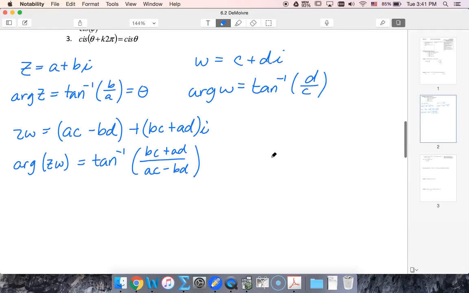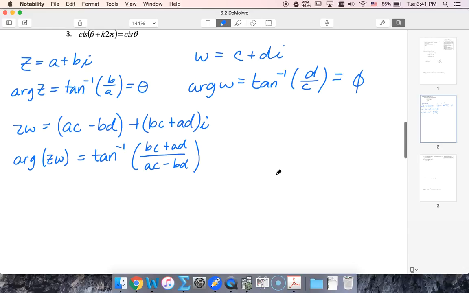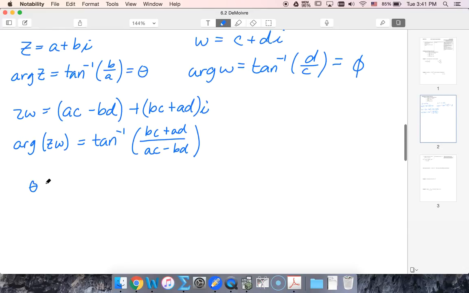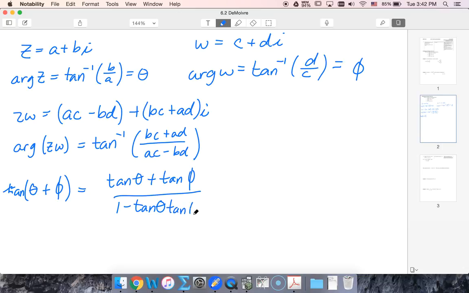But if I think about the sum of theta and phi, and then think about doing tan of theta plus phi, and of course I'm thinking of tan because this is all built on tan inverses, so tan of theta plus phi is going to be tan theta plus tan phi over 1 minus tan theta tan phi.